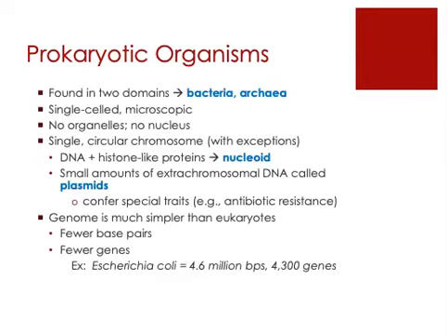Now, one of the things that makes prokaryotic cells most interesting, at least in my opinion, is that there is some DNA that is located in these cells that is not found in the nucleoid. This can be thought of as extra chromosomal DNA. These occur as small circles of DNA called plasmids. And if you know about plasmids, you know that plasmids give prokaryotic organisms extra characteristics.